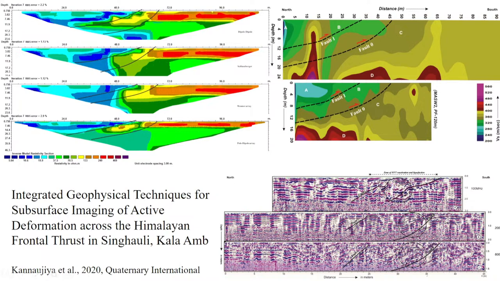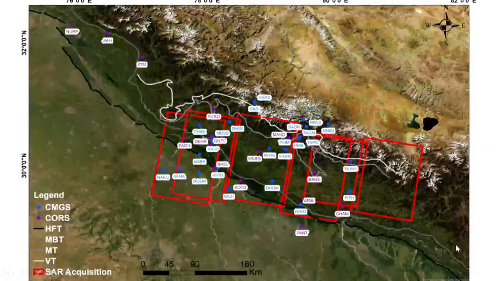When the GPR passes over it, as it is like a 3D body, we get the hyperbola. And wherever there is a change in the bed, we get the offset in the reflectors.